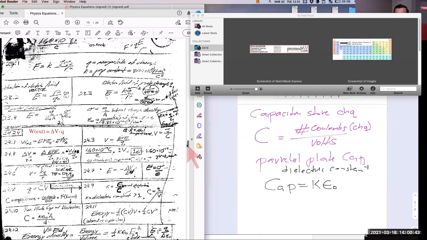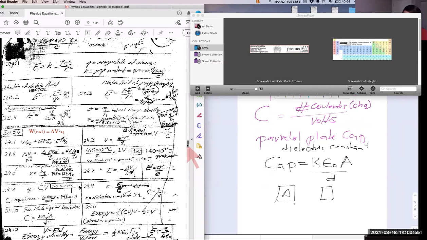It's just one of those constants. A is the area of one plate, and D is the separation between the plates. So this is A over here. These are the two plates, and then this is going to be D. And that gives you the amount of charge, that's the coulombs, that can be stored for a given voltage.